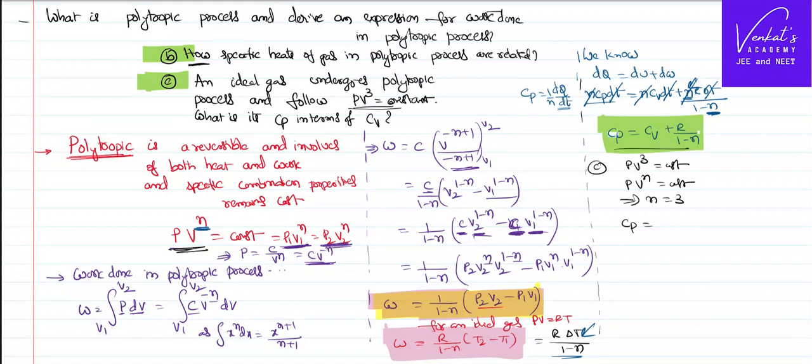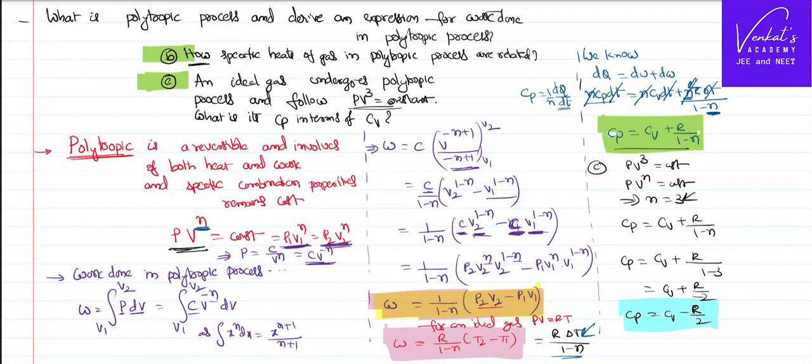So we have the relation Cp equal to Cv plus R by 1 minus n, but here n equal to 3. So Cp equal to Cv plus R by 1 minus 3, that is Cv plus R by minus 2, or Cv minus R by 2. You can write the relation between them as shown, right? That's the relation between Cp and Cv.